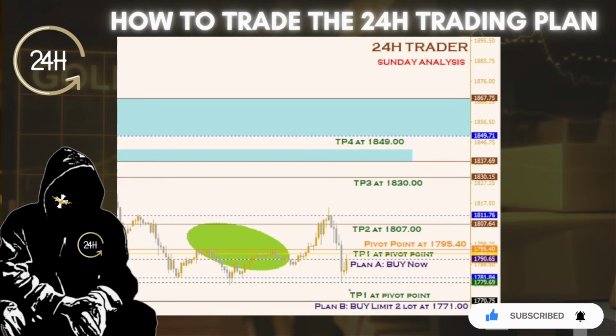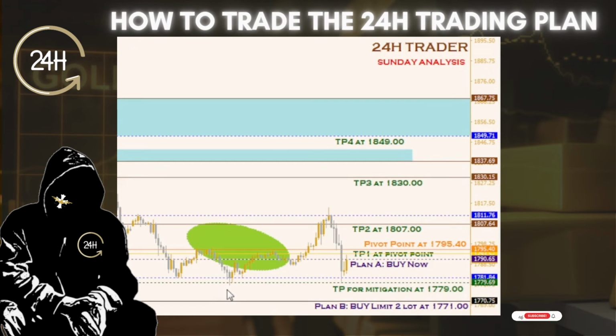But I believe there are many traders out there that use the partial take profit. You can use take profit 1 at the pivot point at 1795.40, take profit 2 at 1807, take profit 3 at 1830, and take profit 4 at 1849 for long term trading.